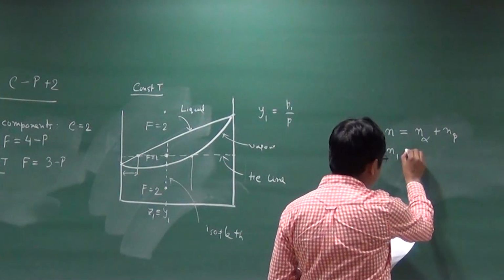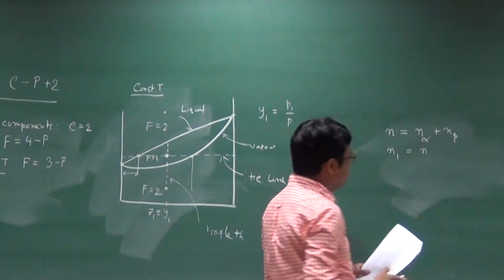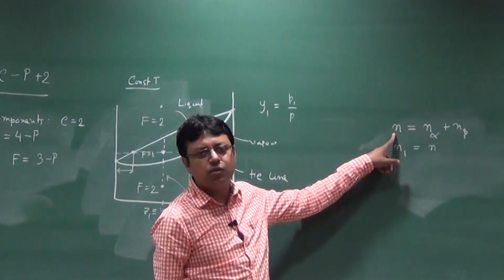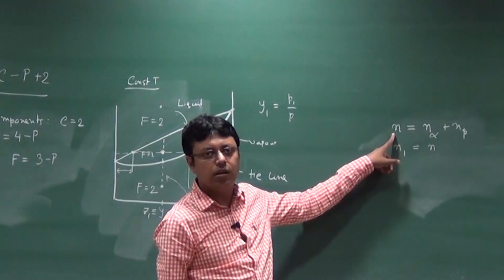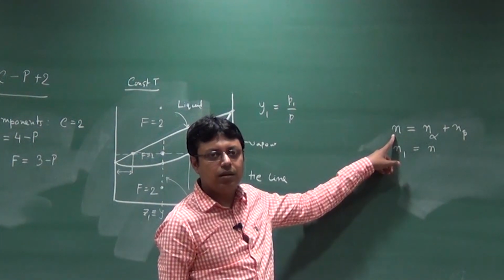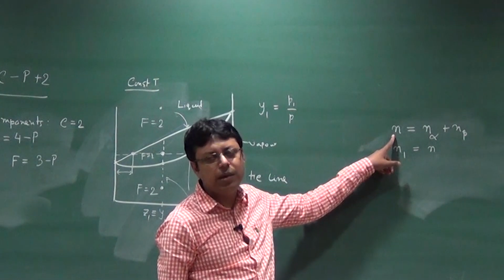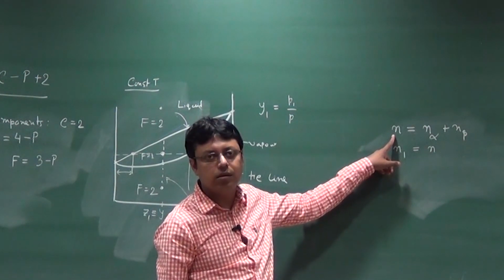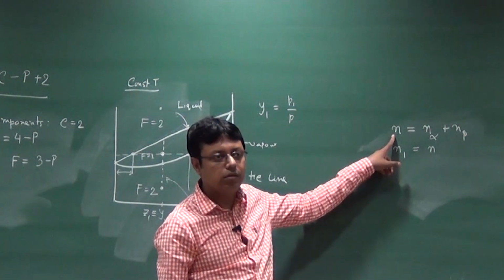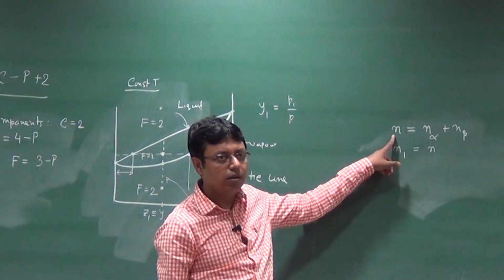What will be N1? N is the total number of moles, not of 1 and 2. Suppose I have water and phenol, both are volatile.